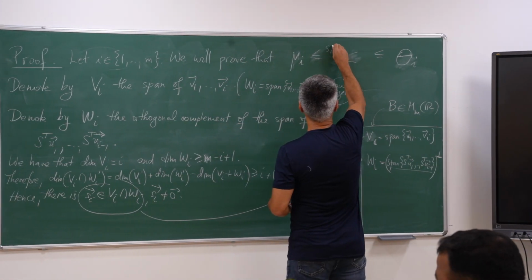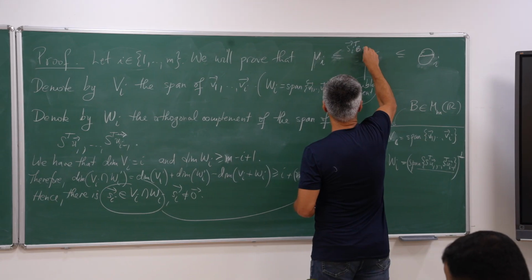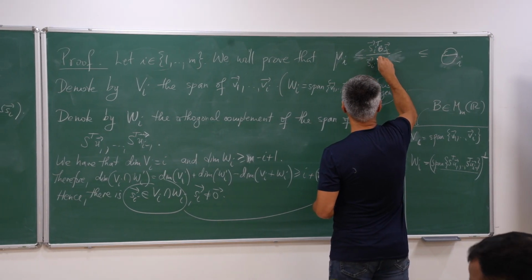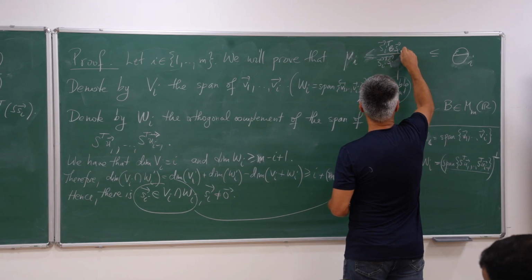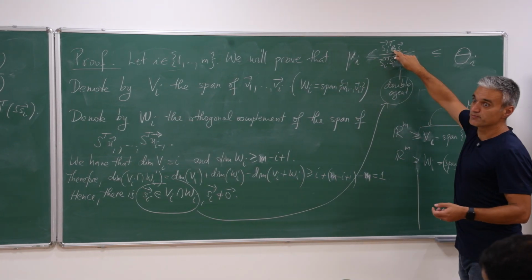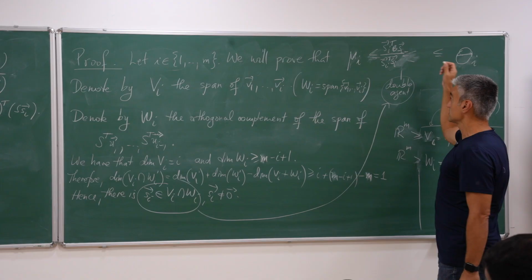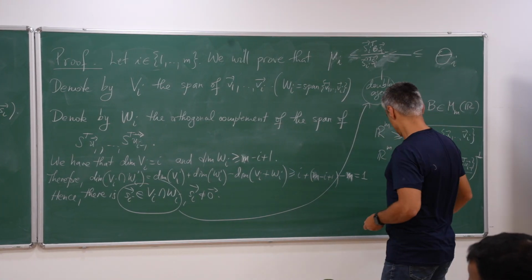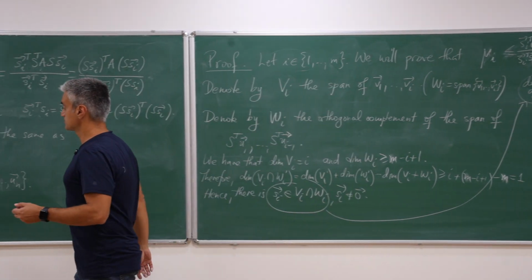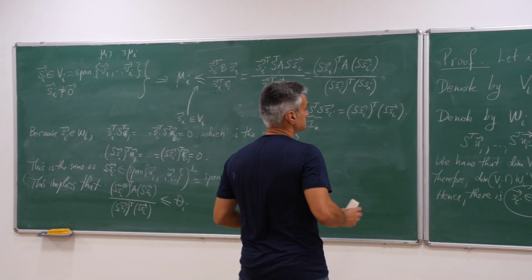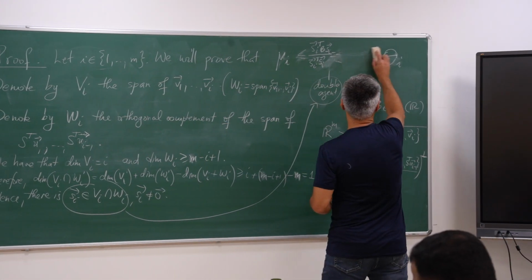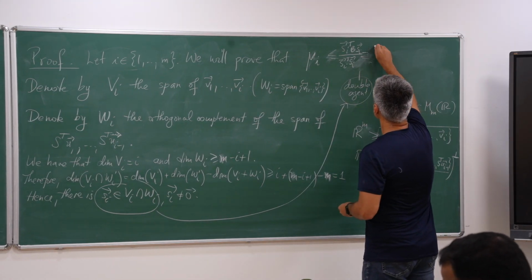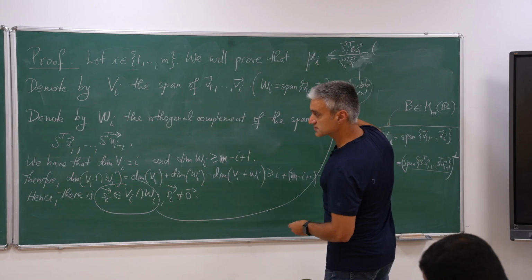So you have here S_i transpose B S_i, and then you switch from B to A, and somehow you have a different perspective.